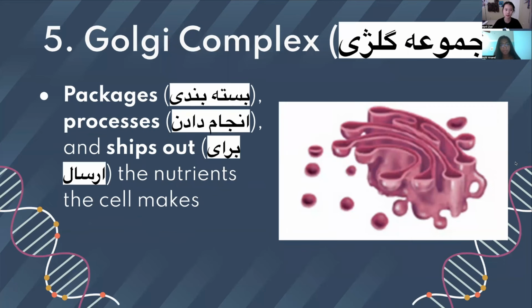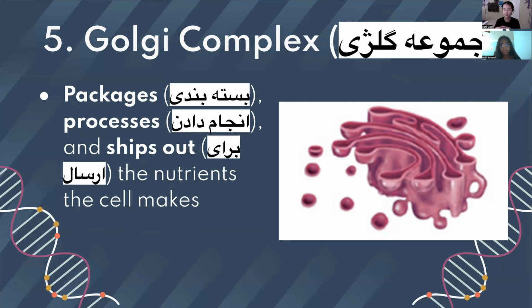And next is the Golgi complex. What this does is that it packages, processes, and ships out all of the nutrients that the cell makes. If you see the picture on the right, it's kind of like a little maze, but with bulbs at the ends of the curves.